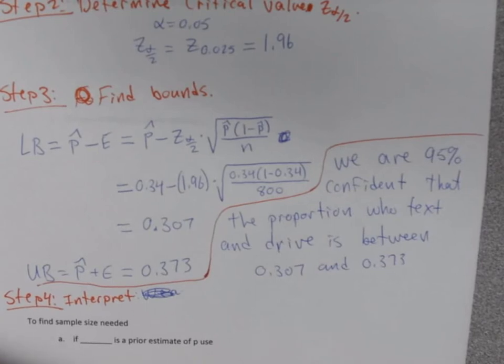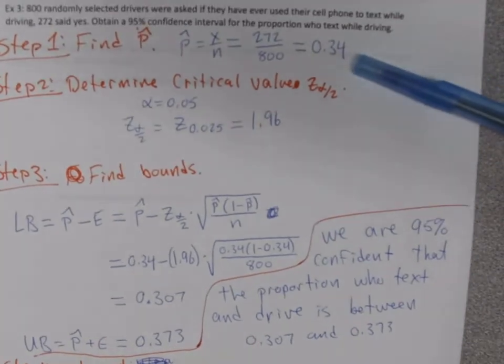So what this is essentially saying is, our p hat here was 0.34.